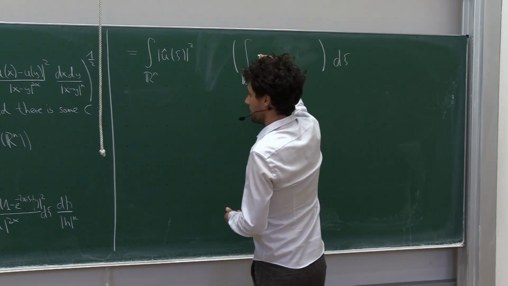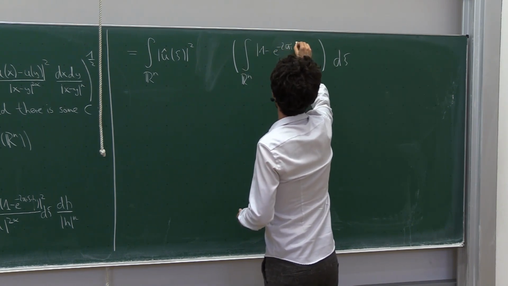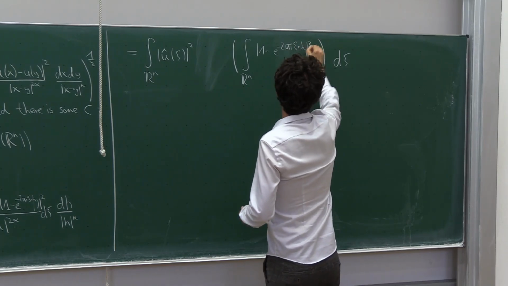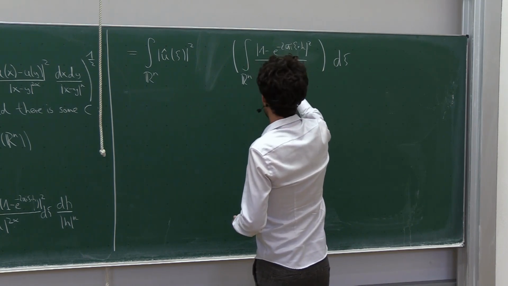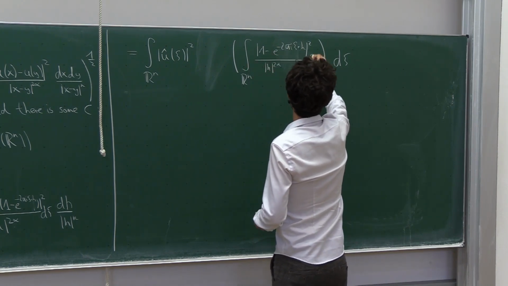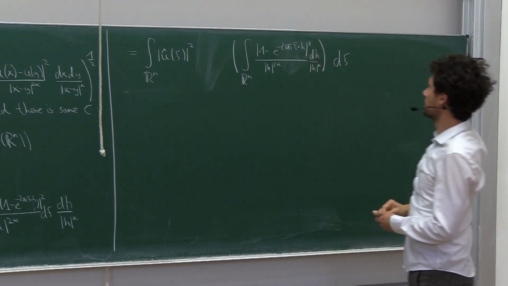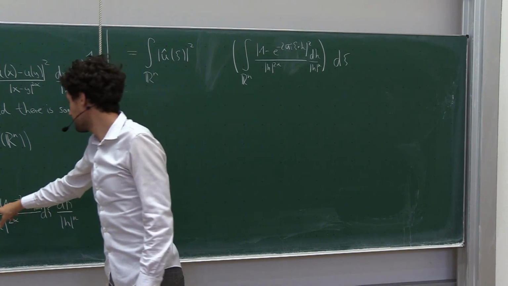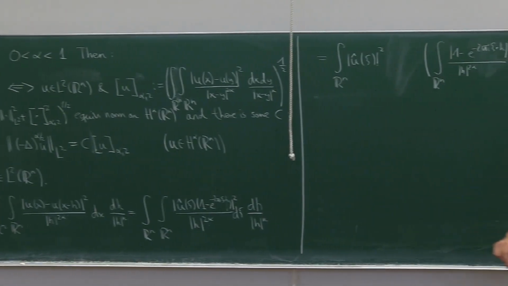And so what is there is 1 minus e to the minus 2 pi i xi dot h squared divided by h to the 2 alpha dh over h to the n. Okay, that was just copy and pasting, moving all of the rubbish that still has an h into this h integral, and this good guy goes out.